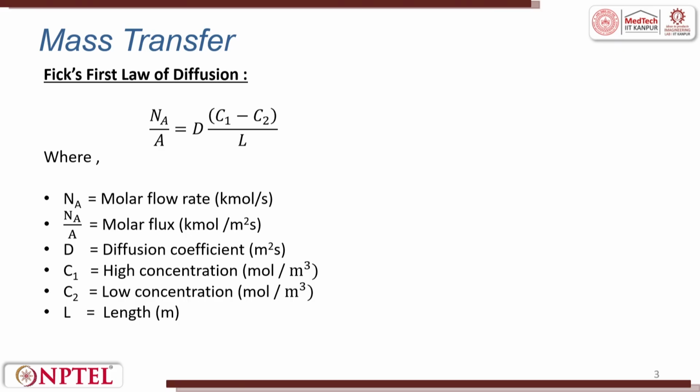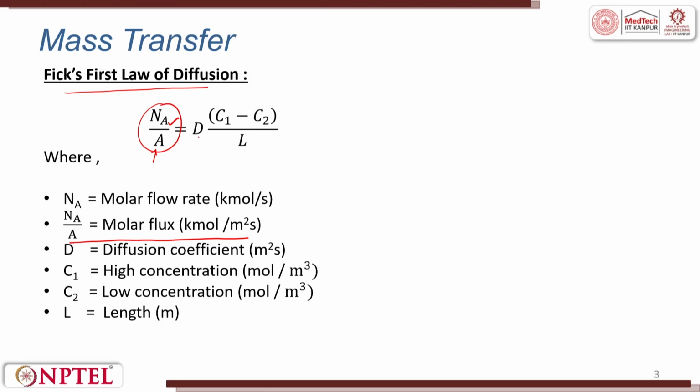To talk about the parameters or key determinants of mass transfer, we need to understand Fick's first law of diffusion, which says Na by A, this is molar flux. Na by A is molar flux, in kilomole per meter square second, in which area is A, in meter square, and Na is molar flow rate, in kilomoles per second.